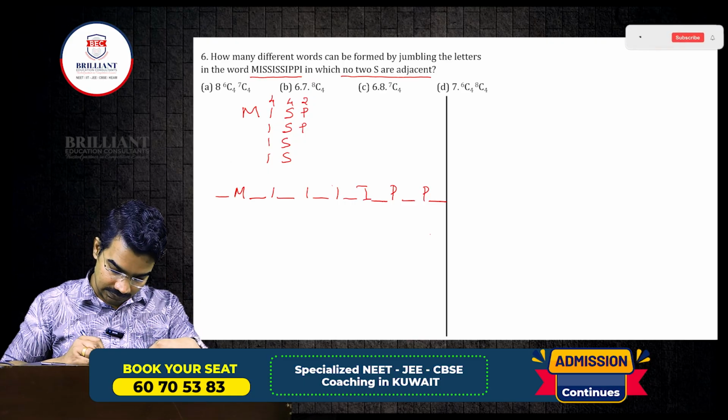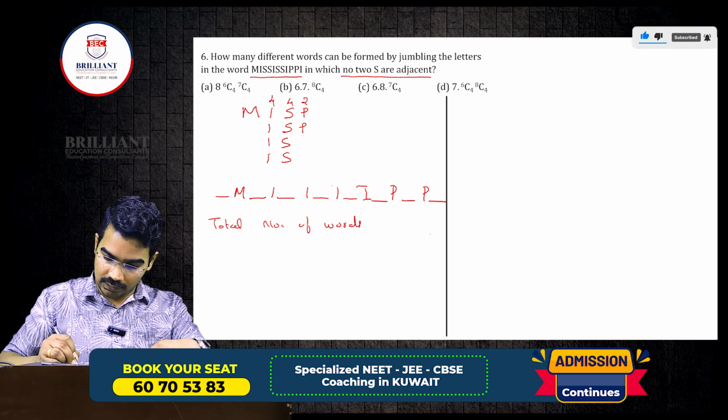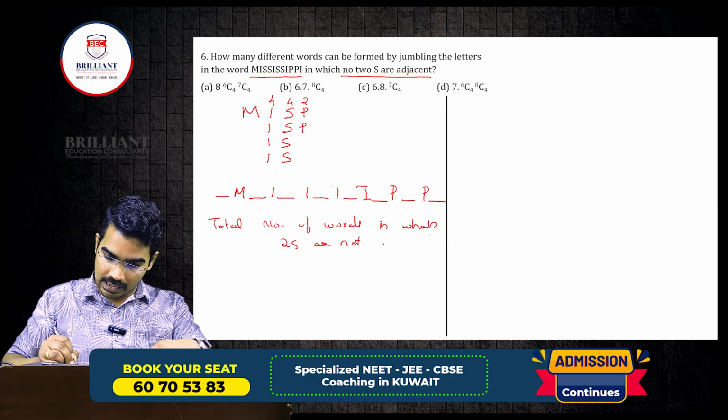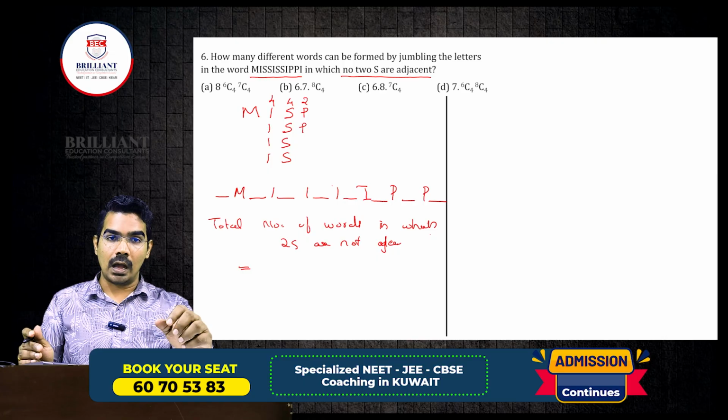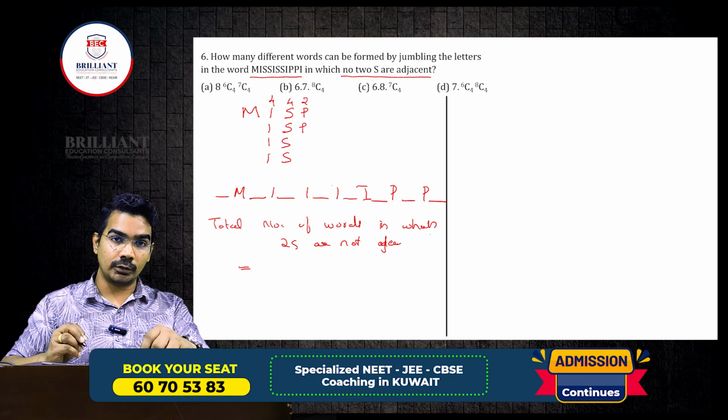So the total number of words in which two S's are not adjacent is equal to, so you have 8 slots to fit 4 S's. So how to choose?